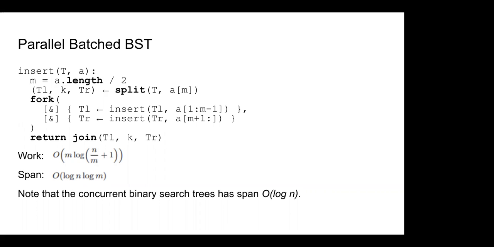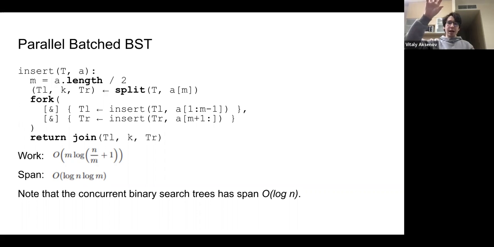We tell each guy to please insert into the binary search tree, and this process goes like the normal insert operation. It is not true when the tree is highly contended, but when the number of operations is like 32 and the tree is large, they will not clash with each other, and you can simply perform them purely in parallel. That is why you have logarithm n span there.